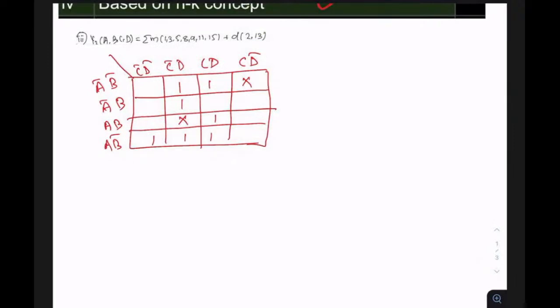So how many groups will you get? Any idea? I can see this is one quad possible, a collection of 4. Then I can see this is one collection possible.